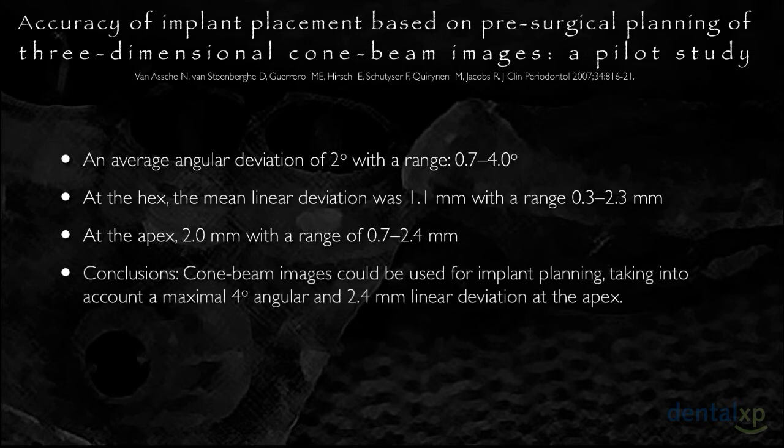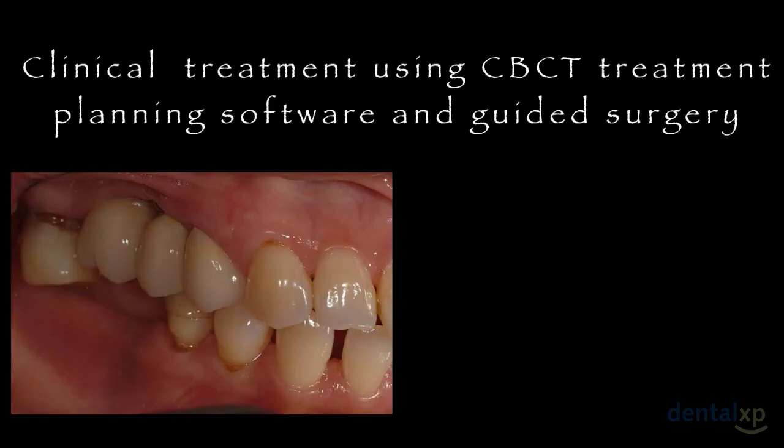They concluded that cone beam CTs could be used for very accurate implant placement, but we should always account for the maximum degree of error that can occur as our safety zone. In this situation, they looked at 2.4 millimeters in the linear deviation at the apex.